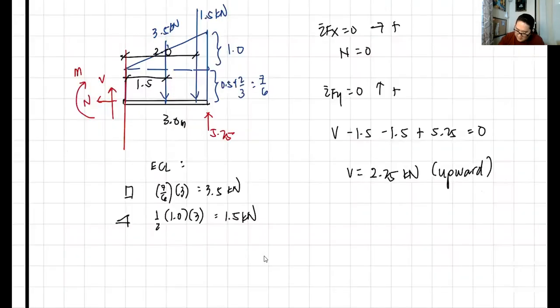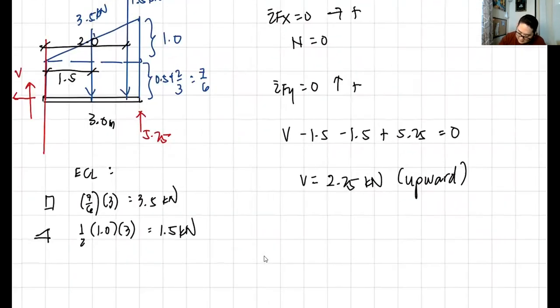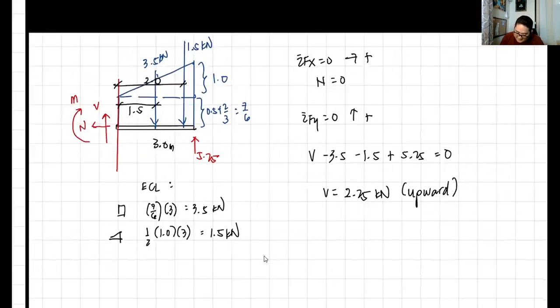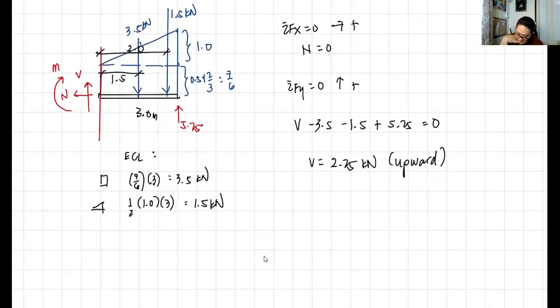So let's change this. This should be 3.5. Okay, let's check: 3.5 minus 1.5 plus 5.25. That's too much. So let's double check again. The total here is 1.5, so it should no longer be the 1.0.